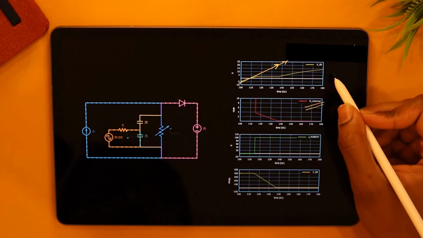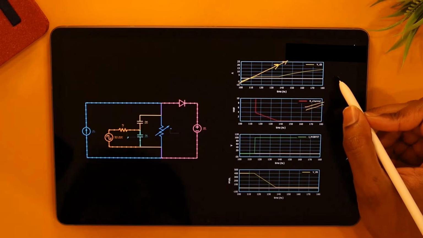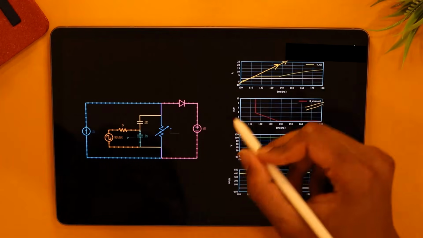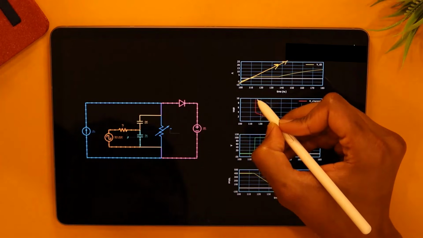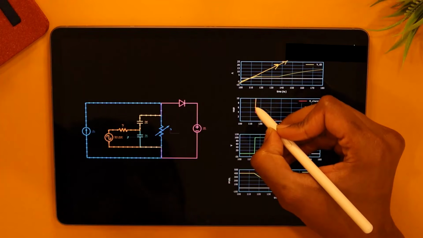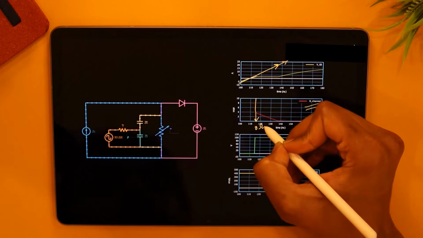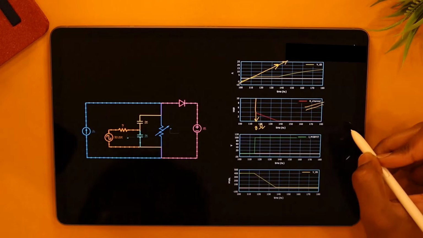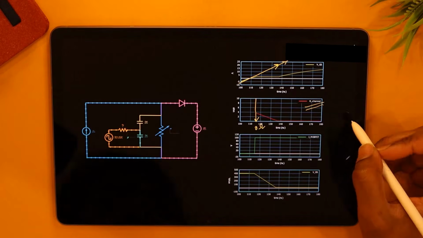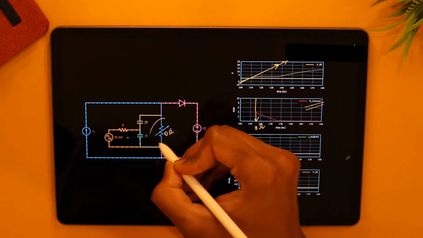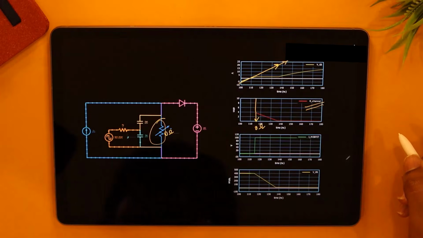Now, we know from the MOSFET characteristics, if the VGS increases, the resistance falls. Simple. So, if the VGS kept increasing, it would have kept dropping, and would have dropped all the way down to 0 ohms in no time, right? The resistance of the channel would have dropped to 0 ohms.